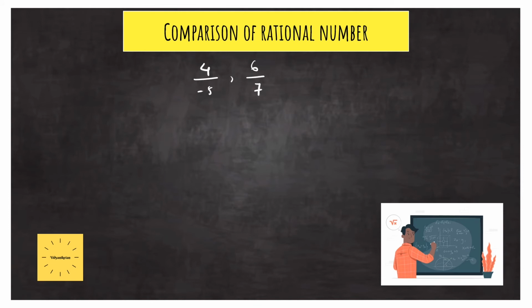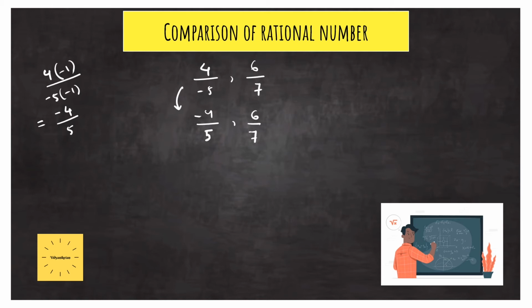So first we need to convert this negative sign to positive, or make the denominator positive. So if we make this denominator positive, then it will be minus 4 by 5. As we already have this idea, how it is done? 4 into minus 1 divided by minus 5 into minus 1. So we are getting minus 4 divided by 5. So it is done. And the second one is in normal form, 6 by 7.